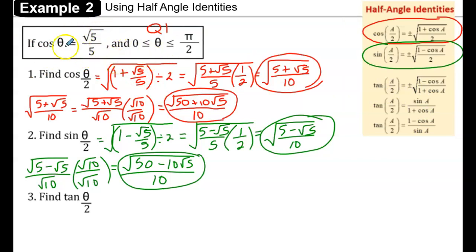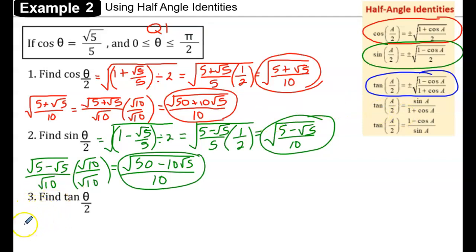We could figure it out using the Pythagorean identity, but since we have a version of the half angle identity for tangent that only involves cosines, that's going to be easier than having to do the Pythagorean identity and then have another version of the half angle identity for tangent.